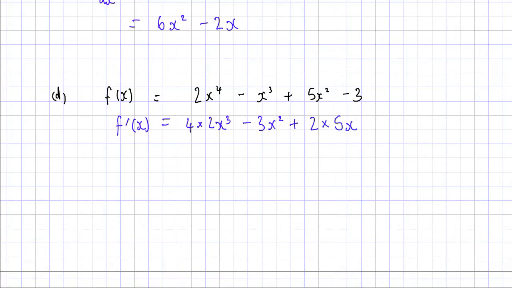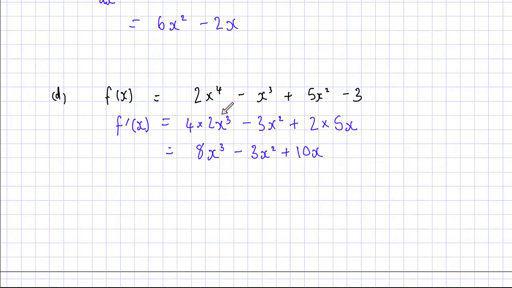Okay, and then the last one is just going to become 0 here. So if I simplify that, I'm going to get 8x cubed, and then minus 3x squared, and plus, 2 times 5 is 10, so I have 10x here. So this differentiates to 8x cubed minus 3x squared plus 10x.